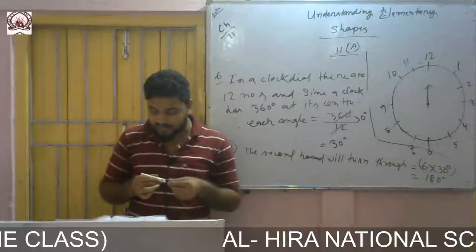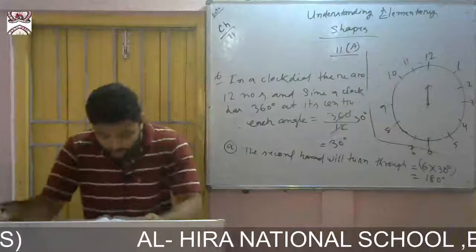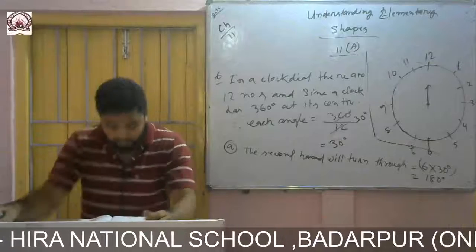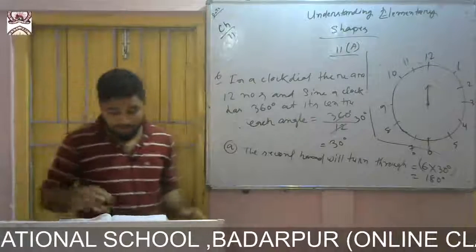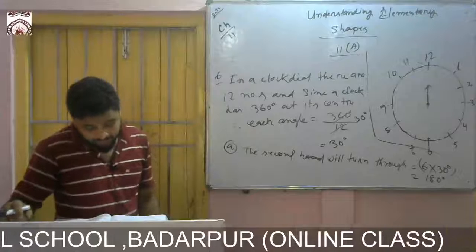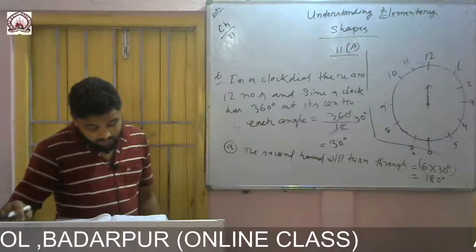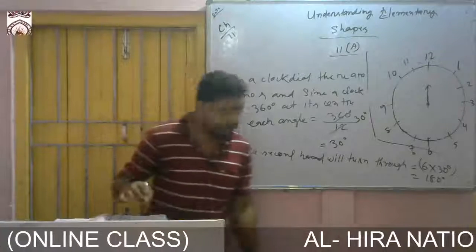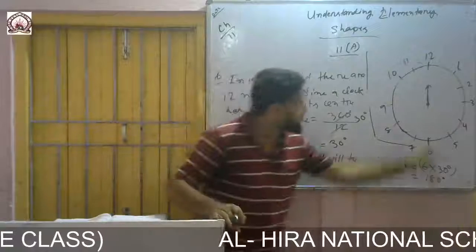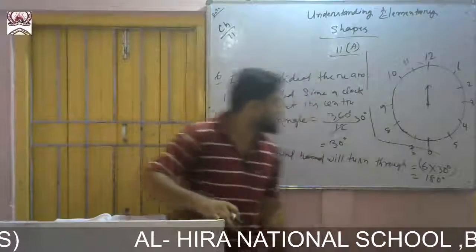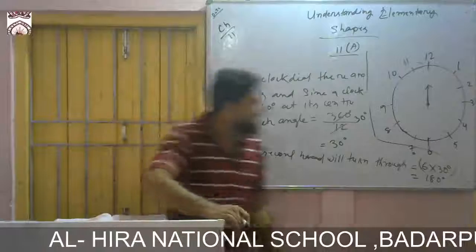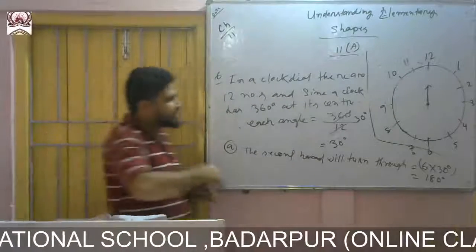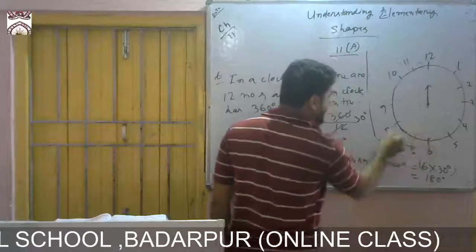Now question B: when the second hand has moved from 5 to 8, how many degrees has it turned through? From 5 to 8, how many? 1, 2, 3.